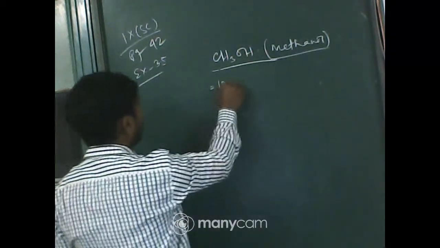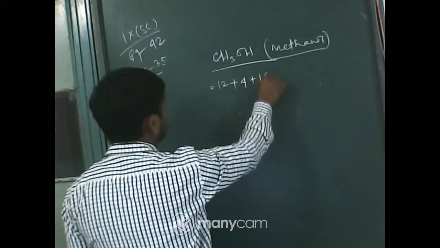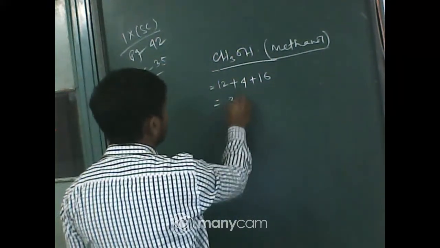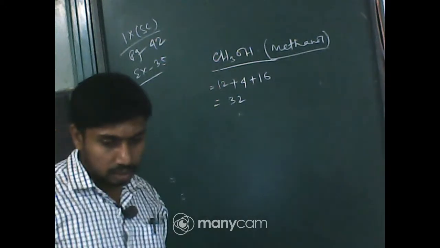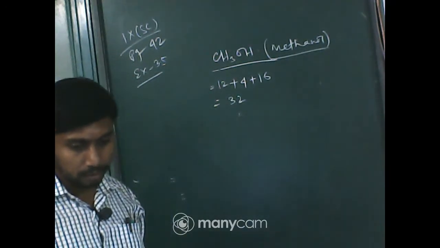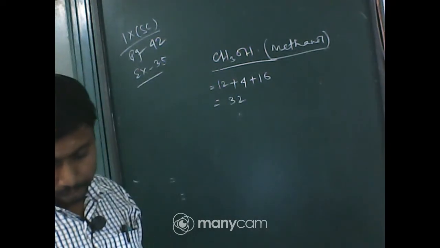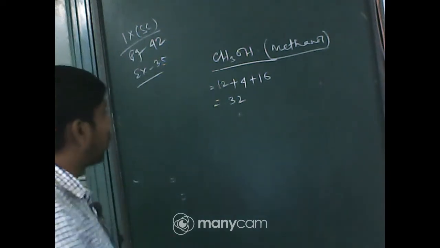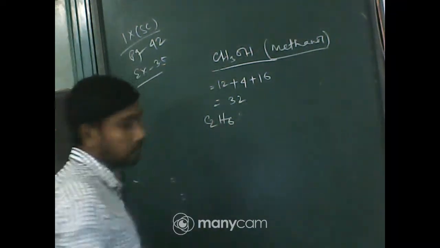So carbon 12 plus number of hydrogen atoms is 4, that is 16. So 16 plus 16, that is 32. Yes, correct. And you can do it for C2H6. Can you do it for C2H6? Right.